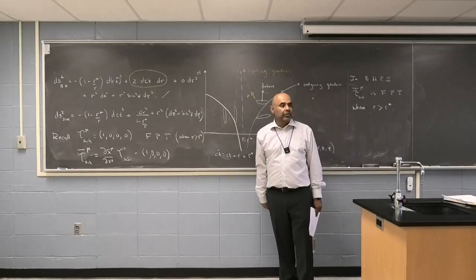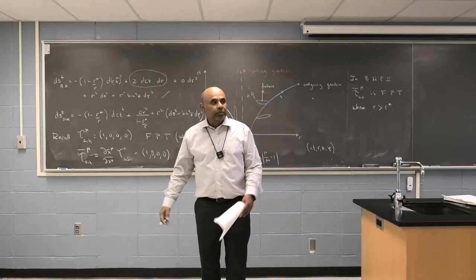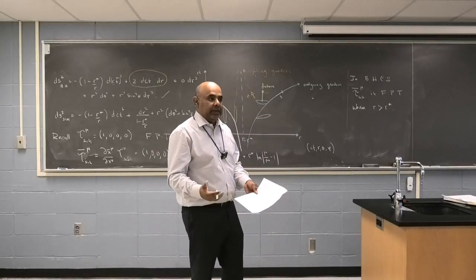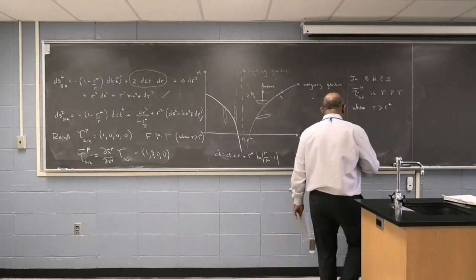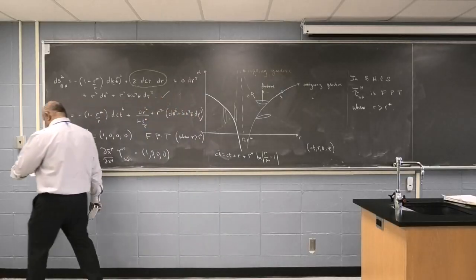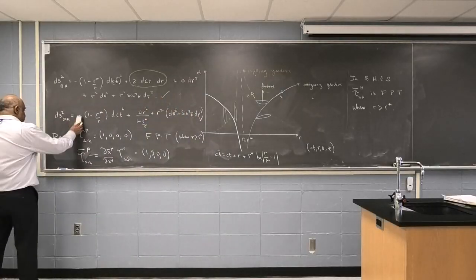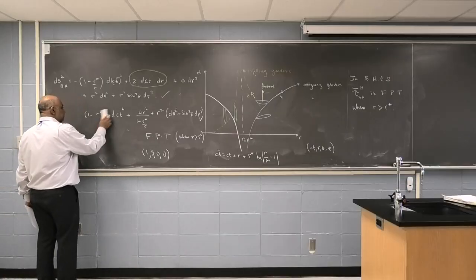Because that is only future pointing timelike when R is greater than R star. The whole point is to learn what goes on inside, but we're not yet able, but very soon we will be. Let's see. Oh, I gotta do one. I'm afraid I'll make a mistake, but I'm gonna do it.